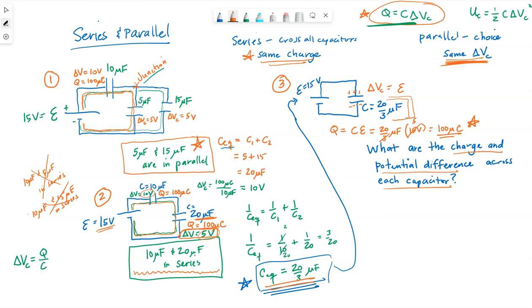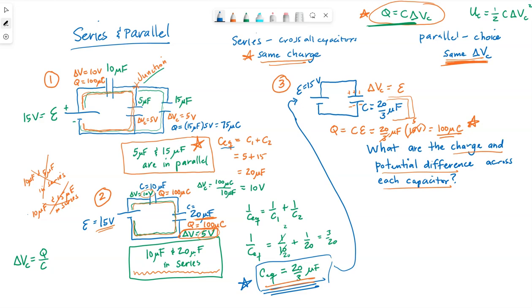If I know the potential difference and the capacitance, I'm going to use our same equation yet again. Q is equal to C delta V. So this right-hand capacitor, our capacitance is 15 microfarads. Delta V is 5. So there's 75 microcoulombs here.